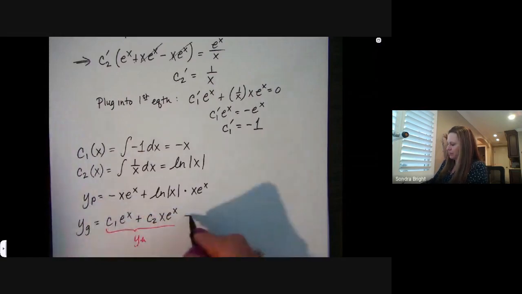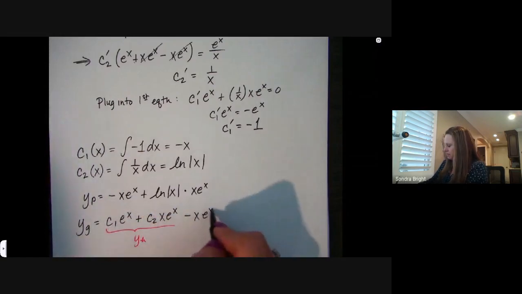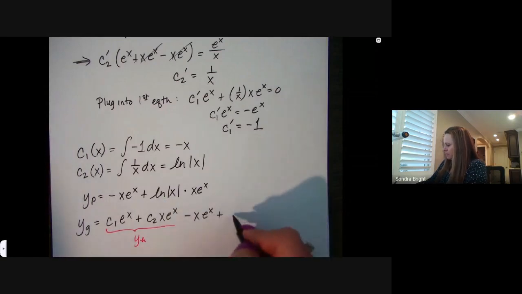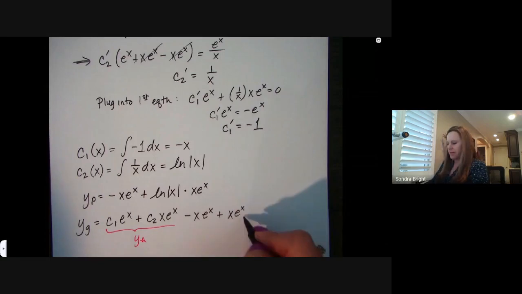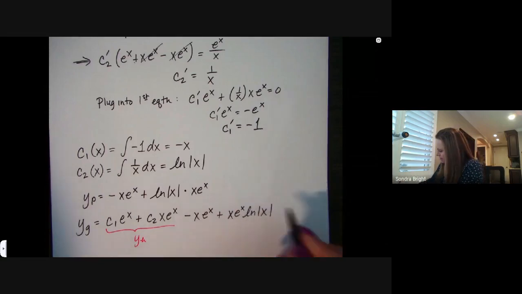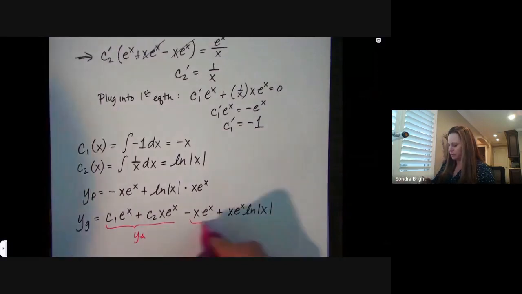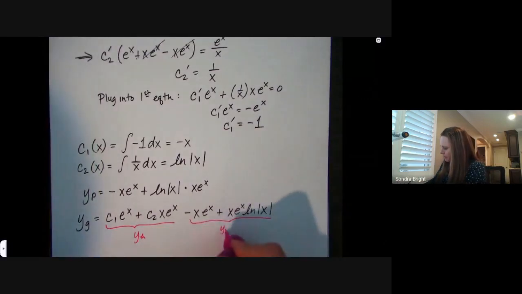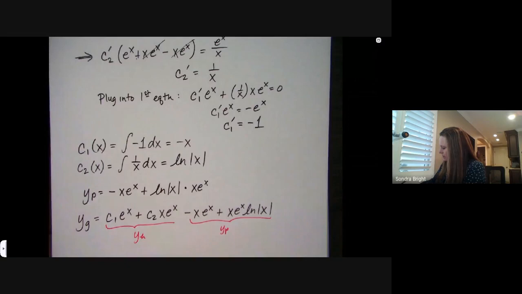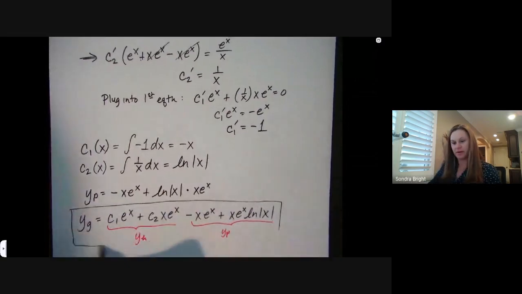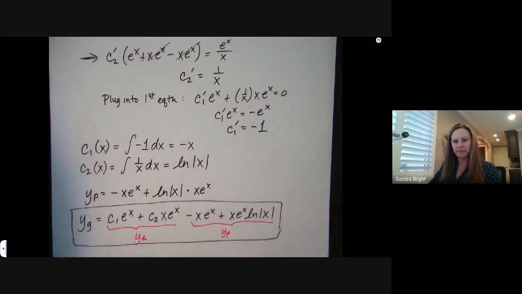And then, like I said, I'm going to put this in front of the natural log because it just does not look right without that. There we go. And here is the particular solution. There's your answer. Not that you have to label your homogeneous and particulars. I'm just making it very clear where I'm getting these functions from.